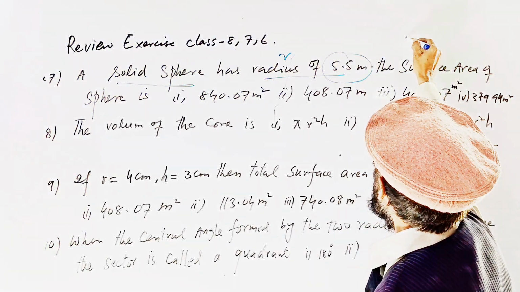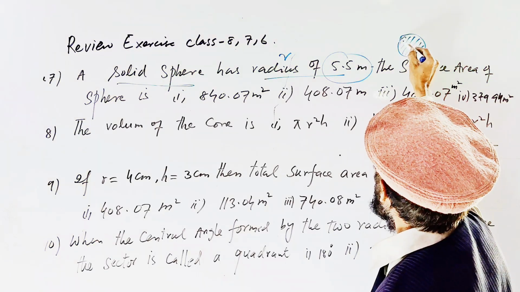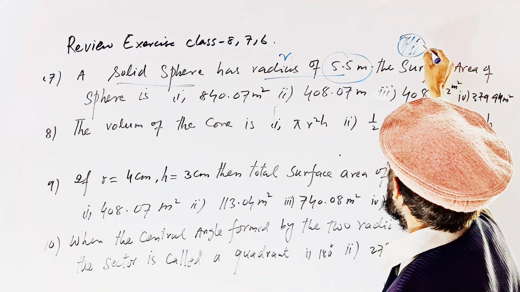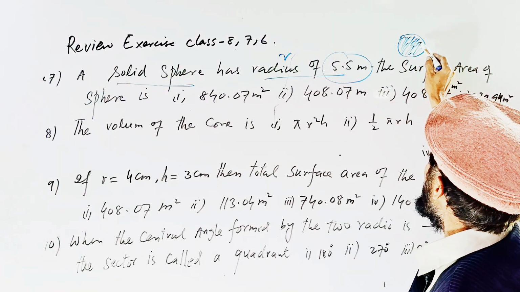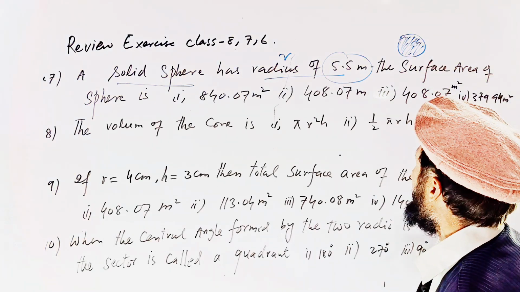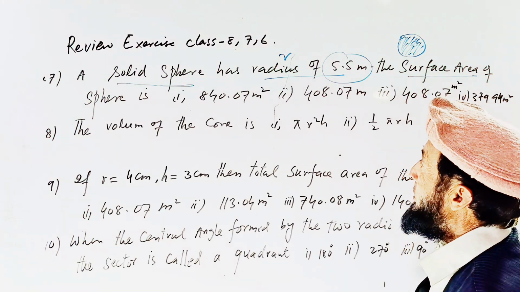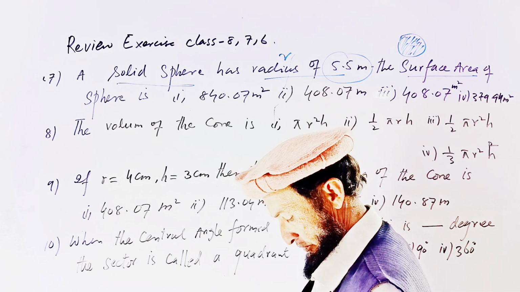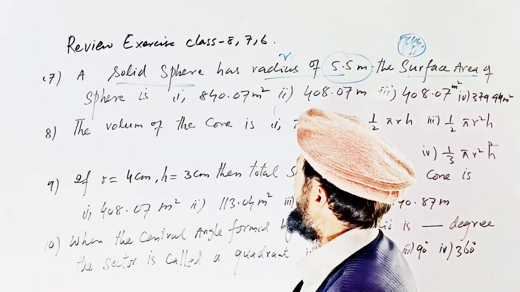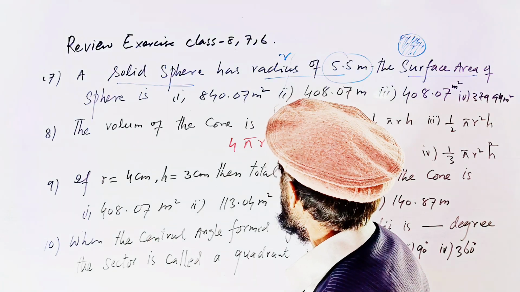It is full inside, just like a cricket ball. So its radius is given. For example, the radius r is 5.5. The surface area is required. So for the solid sphere, we have the formula: 4 pi r square. 4 pi r square is the formula.